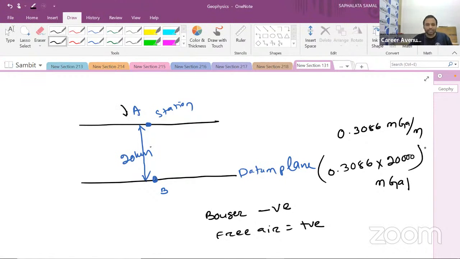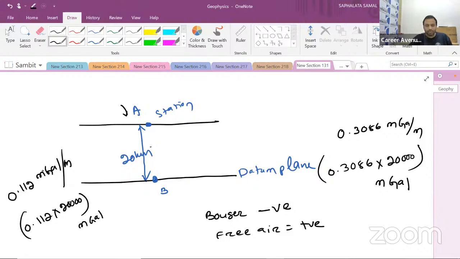How much is the Bouguer correction? 0.112 milligauss per meter. So I can write 0.112 into 20,000 milligauss.